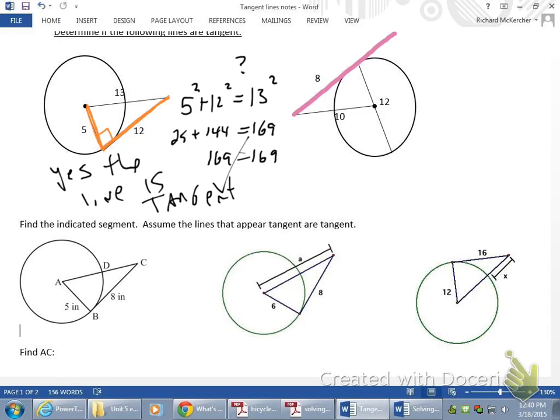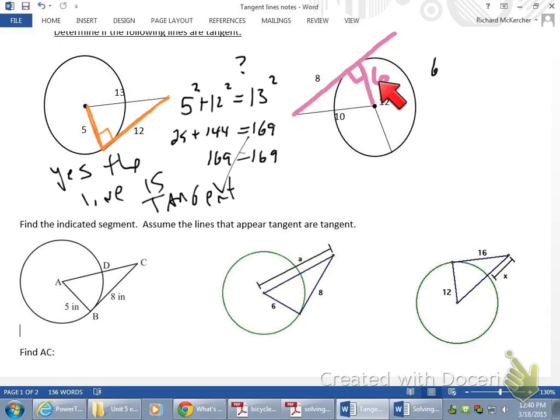So basically, if you want to know if something's tangent or not, you want to know, does the Pythagorean Theorem work? Another example, same idea. Over on this side, which line is tangent? It's this line. So the radius would be right here. And notice the radius is actually only a 6. I gave you a 12, but the radius itself is only a 6. But that also tells us where the right angle is.